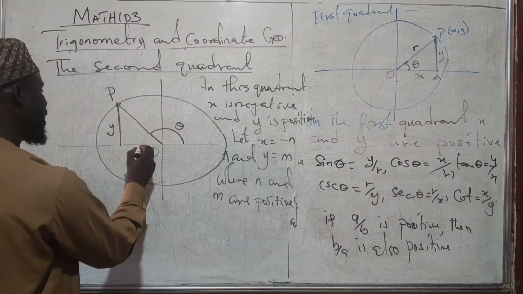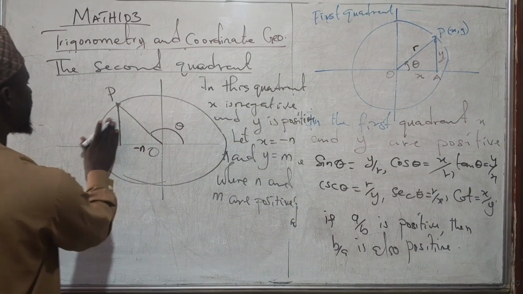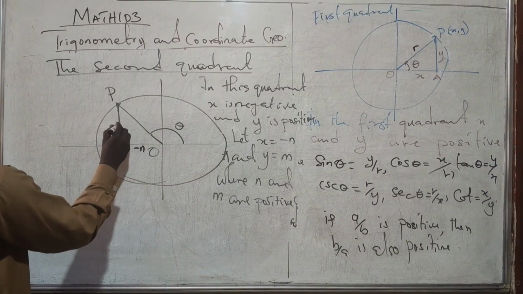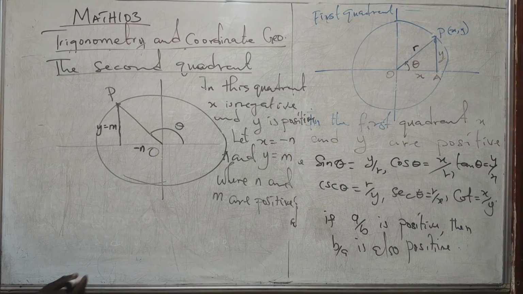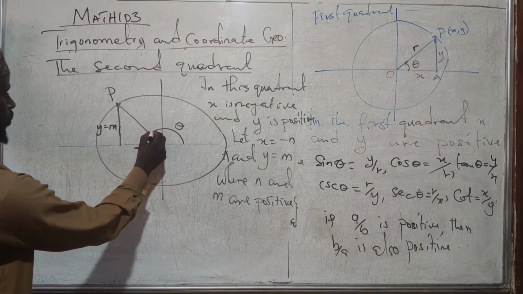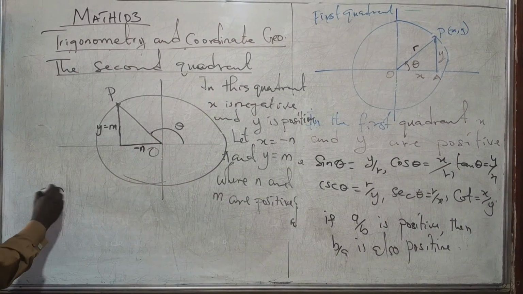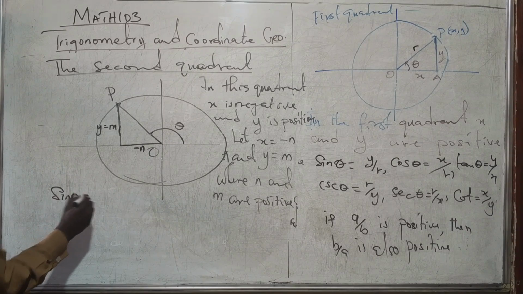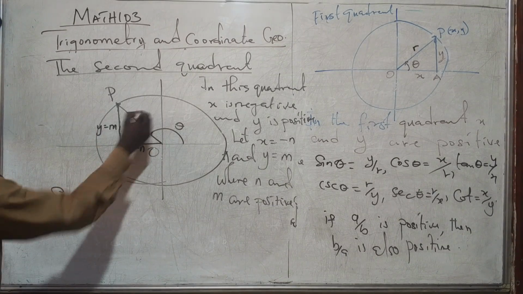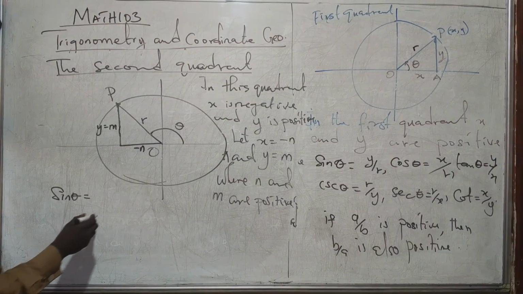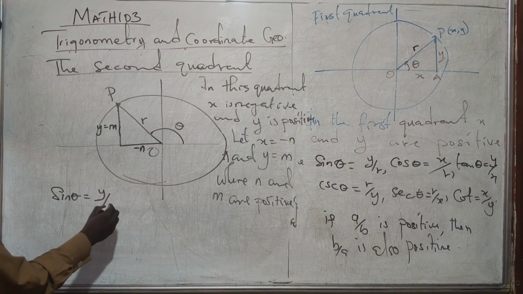I'll put x here to be minus n and y to be m. So that sine theta is equal to opposite over hypotenuse, that is y over r.